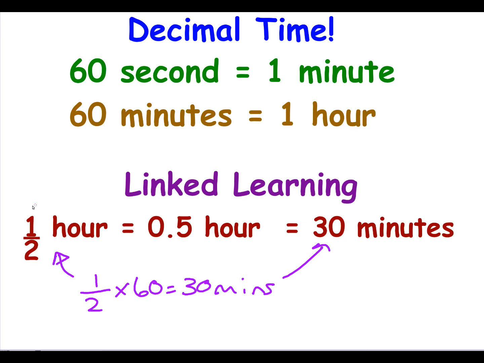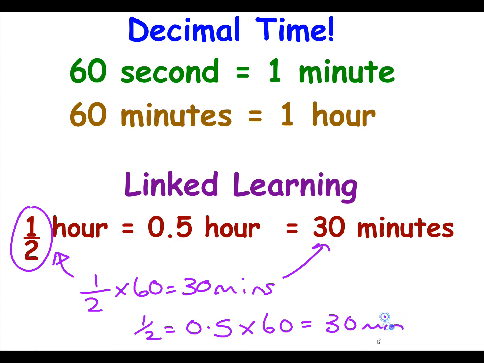We can also use a fact that we already know from our knowledge of fractions and decimals, that a half is the same as 0.5. So half of an hour is also 30 minutes.